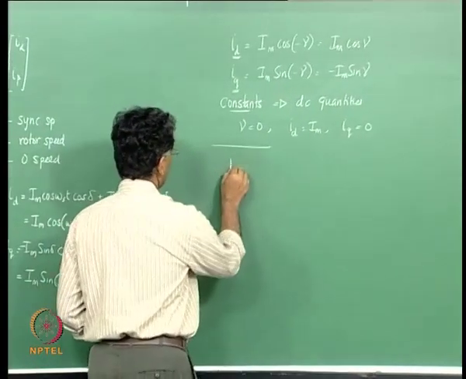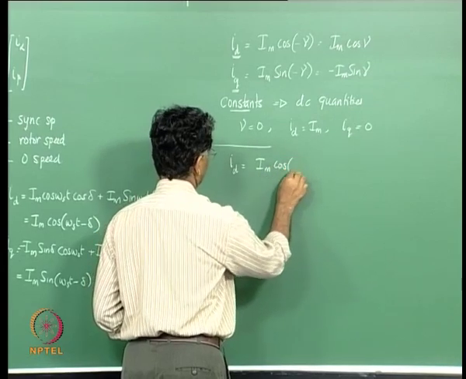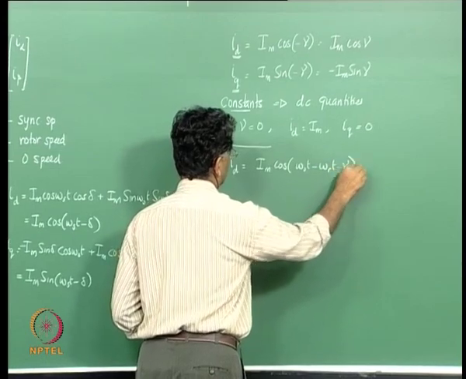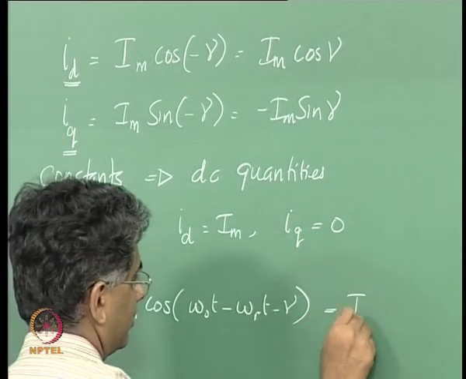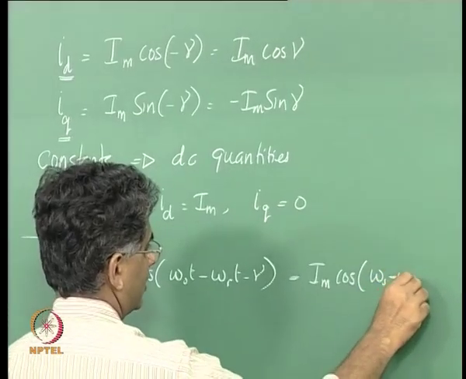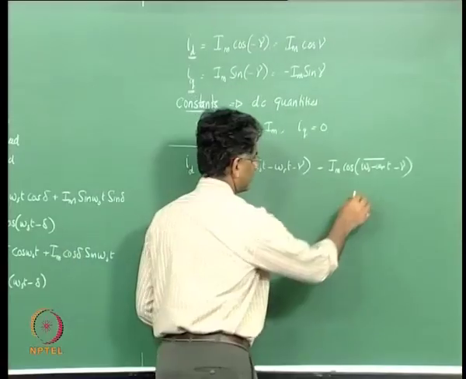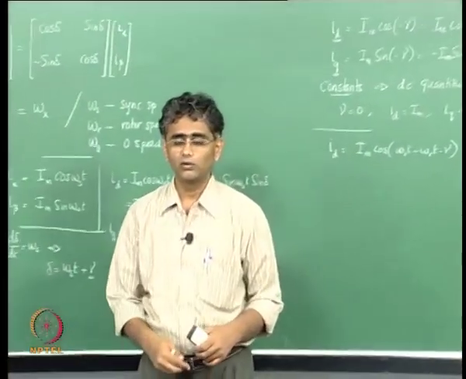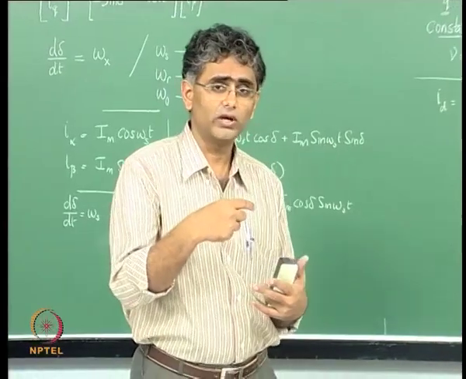Then Id becomes equal to Im into cos of omega st minus omega rt minus gamma, which is nothing but Im cos of omega s minus omega r into t minus gamma, and therefore this omega s minus omega r is the frequency of the excitation flow in the rotor.